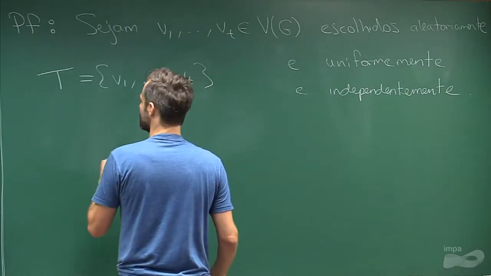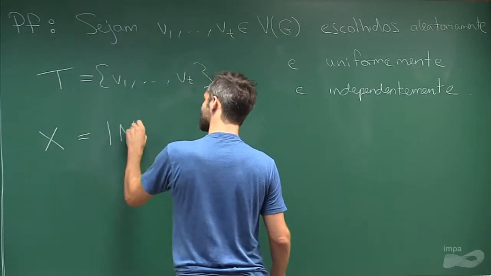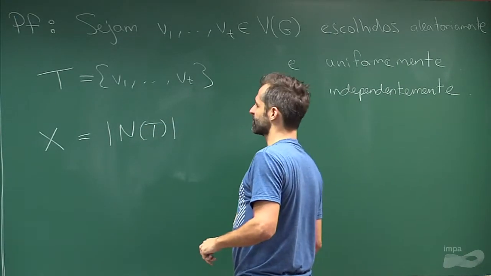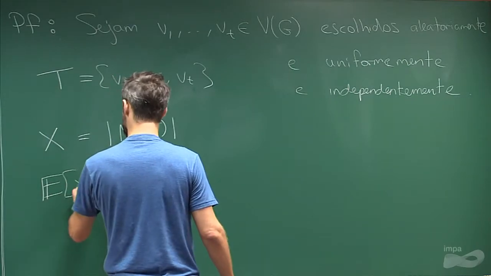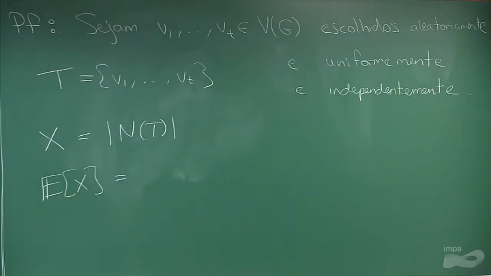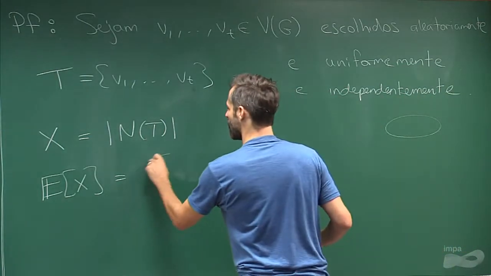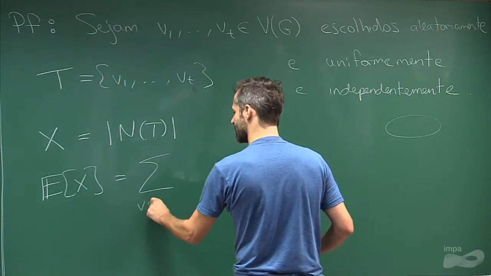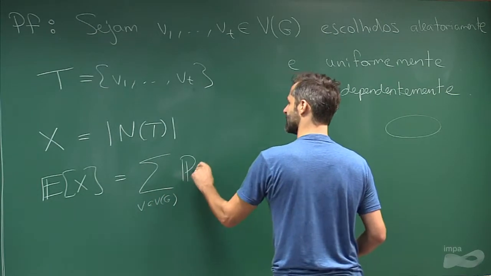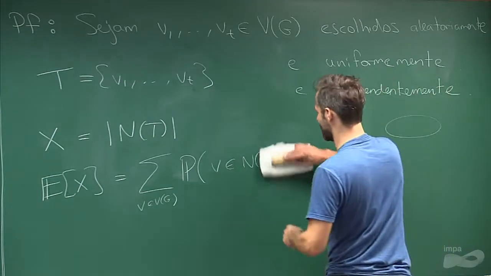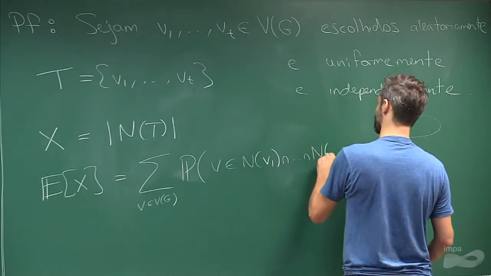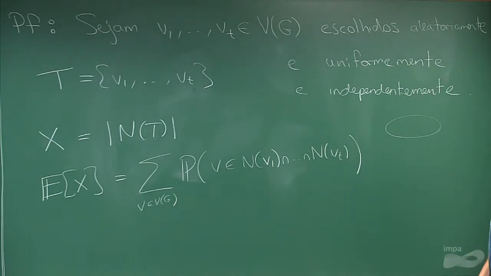Okay, and then let's set X to be the size of this common neighborhood of T. And let's calculate the expected value of X. So what is the expected value of X? Right, so it's the sum over vertices in G of the probability that v is in N(T), which is the same thing as being in the neighborhood of V1 intersect ... intersect the neighborhood of Vt.